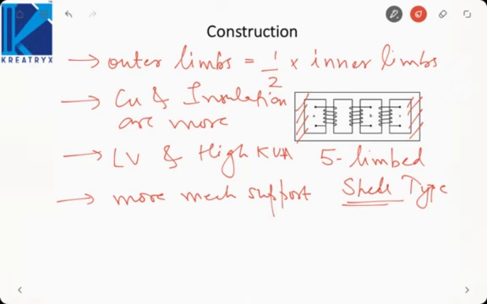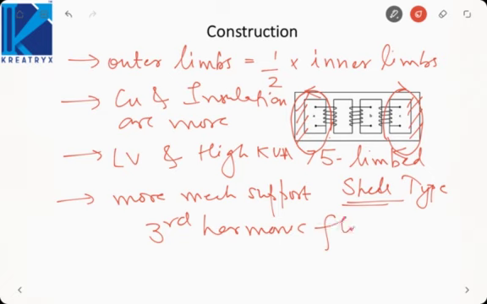Here if we see, if it creates a flux, it can flow like this in a closed path. So here we have closed paths available for the flow of flux. So third harmonic flux can exist, that means third harmonic EMF can also exist.